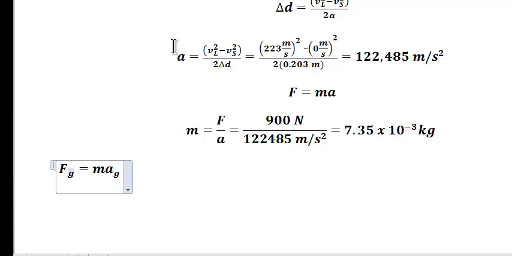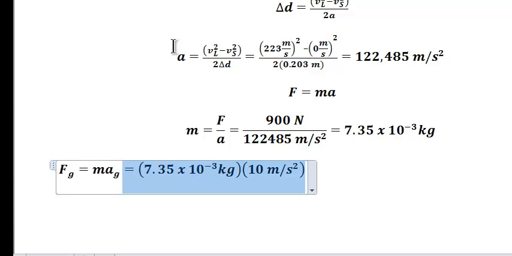Now, this is true always, but when we're looking at weight, there's a certain acceleration due to gravity near any massive object like the Earth, and that's going to cause the mass that we just calculated to undergo a certain force. That force is what I call F sub g, force of gravity. You would call that weight. Okay, so we're looking to find its weight.